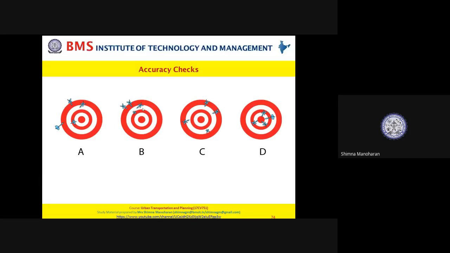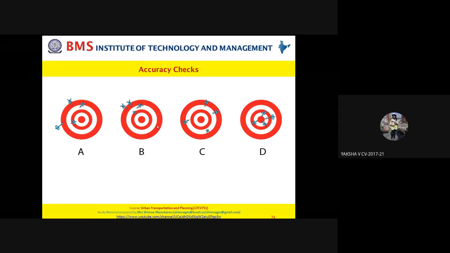Okay, what is B? Uttam? Uttam? Vivek? Low accuracy, high precision. Second one. Second one is?